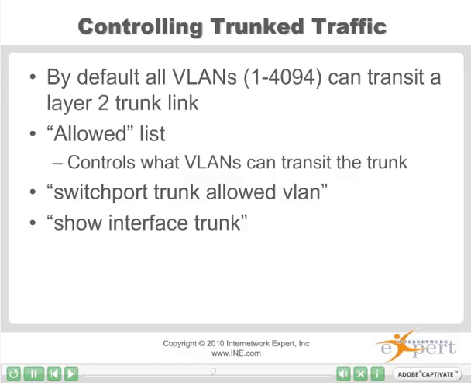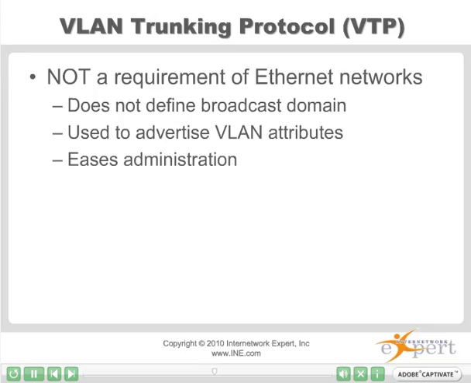So you can literally say, hey, look, certain VLANs cannot transit certain trunks in your infrastructure. To quickly check what VLANs are allowed to transit the link, of course we can use the show interface trunk command we examined earlier.